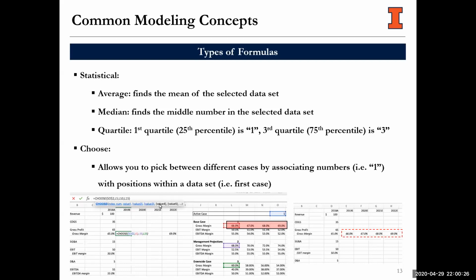And then it lists all the values you want, right? So this says 1, so the first value provided after the index number will be the number it pulls. So choose 1 would pull this number, choose 2 would pull this number, and choose 3 would pull this number. So this allows us to toggle between the base case, management projections, and the downside case.